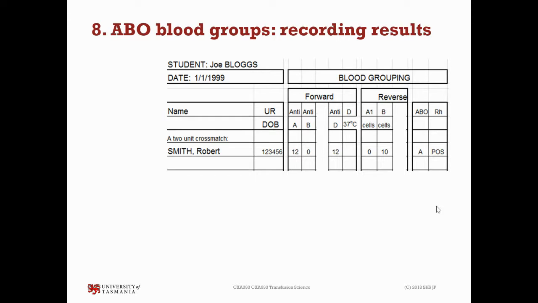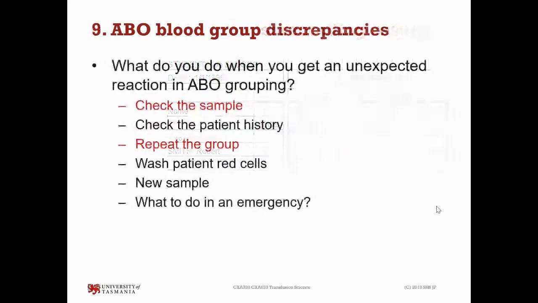There are examples for all of these things, for your blood grouping, for your antibody screen, for your cross-match in your prac method book. So for the rest of the lecture, we're going to have a look at ABO blood group discrepancies. Unfortunately, you won't be doing these in the lab today because we thought it most important for you to get just standard ABO blood grouping down pat.